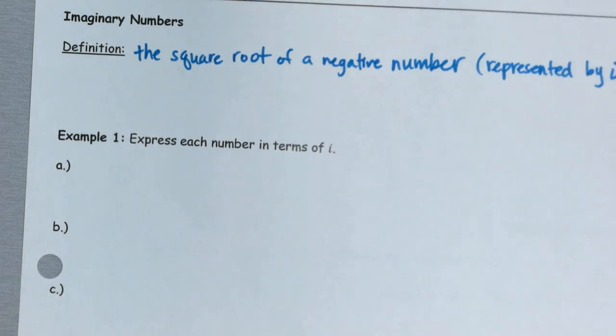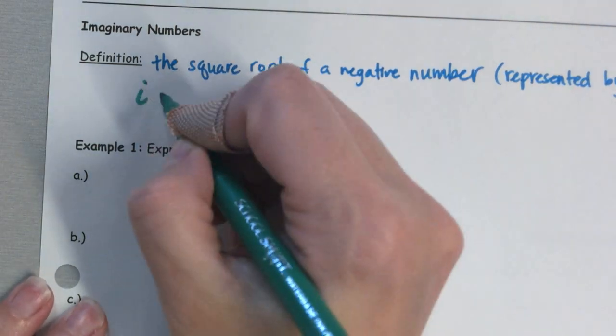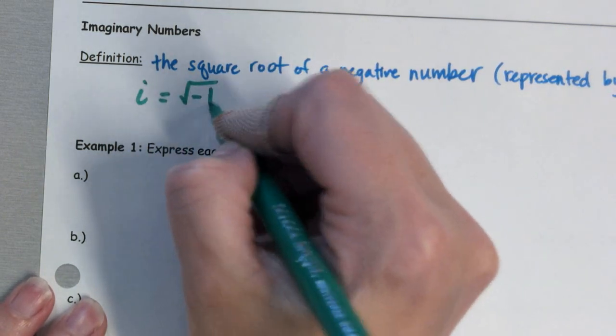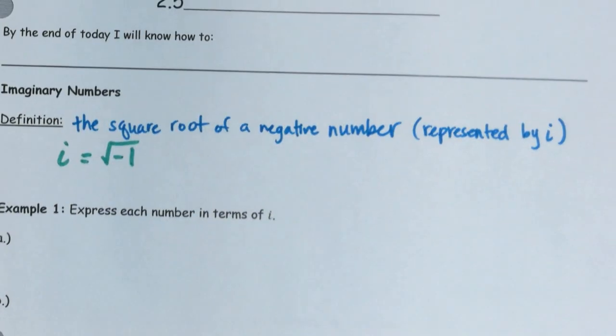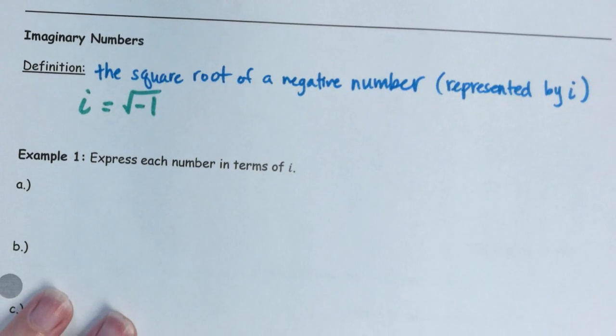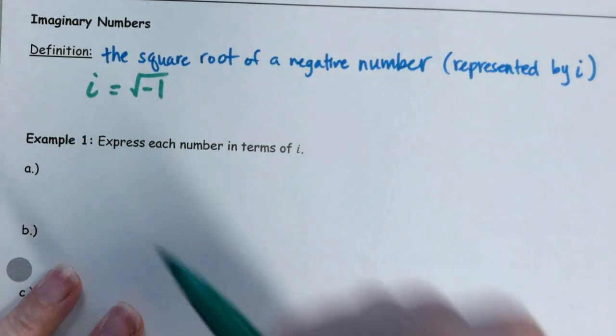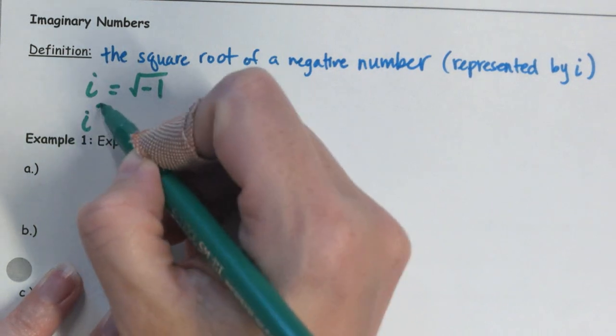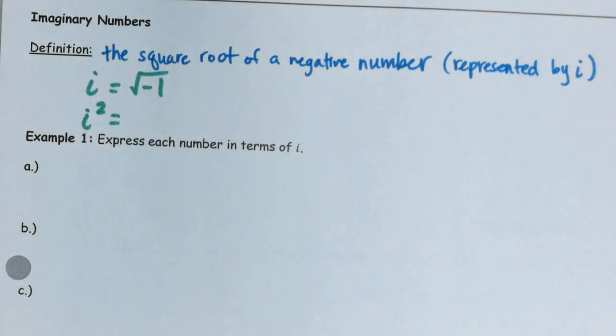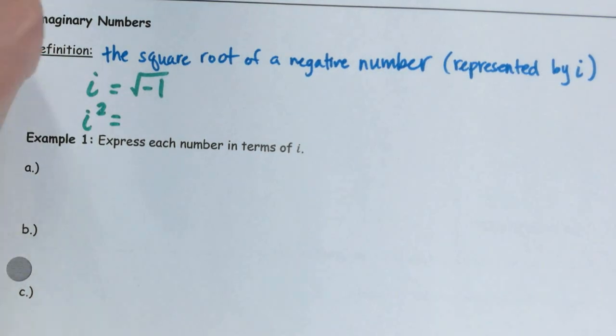Okay? So we are going to let i equal the square root of negative 1. Okay, so i is going to equal the square root of negative 1. Based on that, let's come up with what i squared is going to equal.